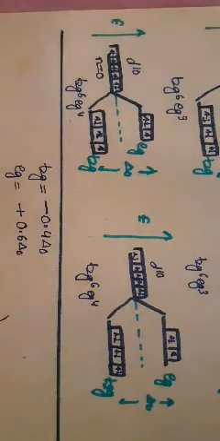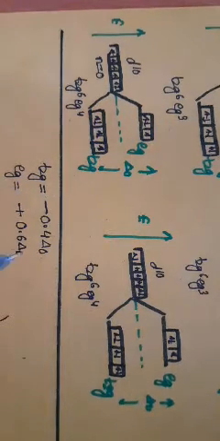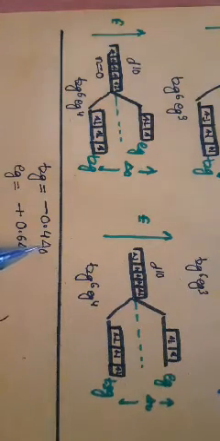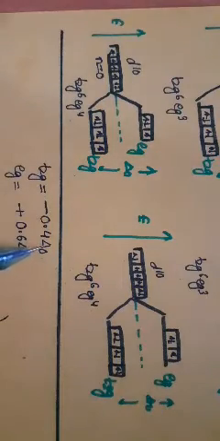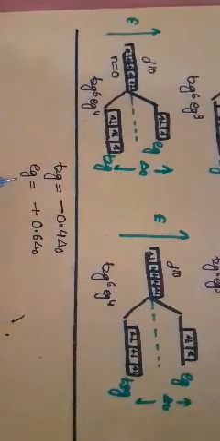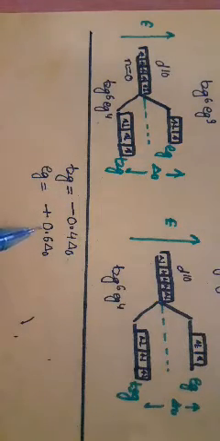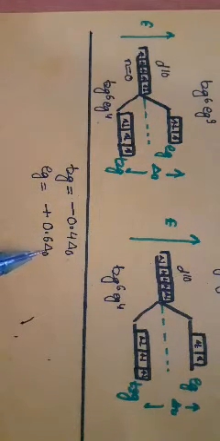Initially we discussed that the lobes of the t2g set of orbitals are not in the direction of the approaching ligand, so they experience minimum repulsion and therefore their energy decreases. Whereas in the case of the eg set of orbitals, their lobes lie along the direction of the approaching ligand, and due to the repulsion their energy increases by 0.6 delta o.